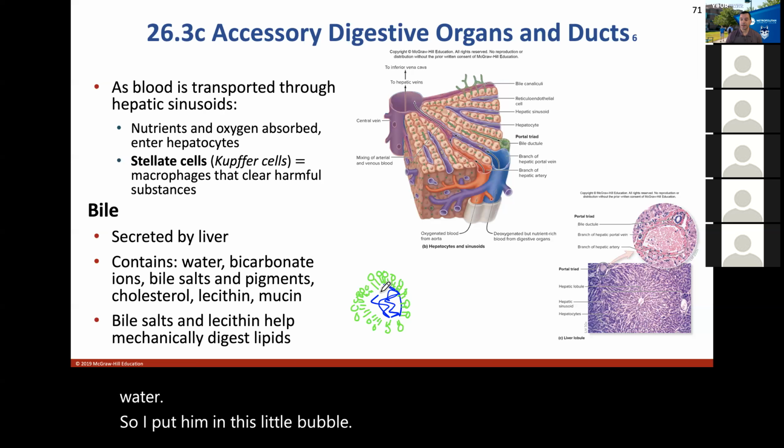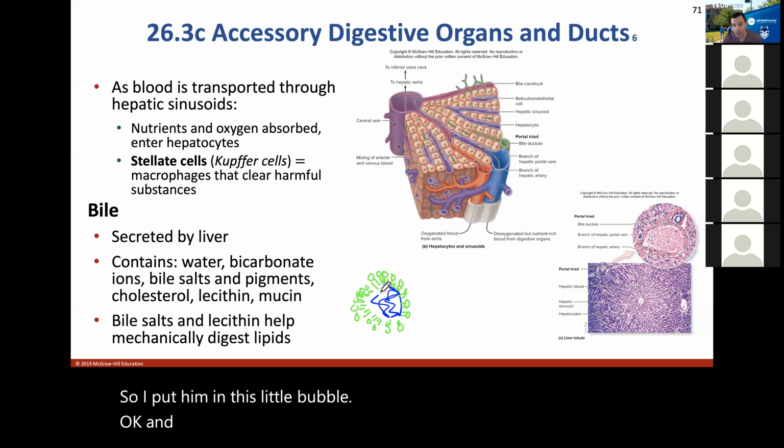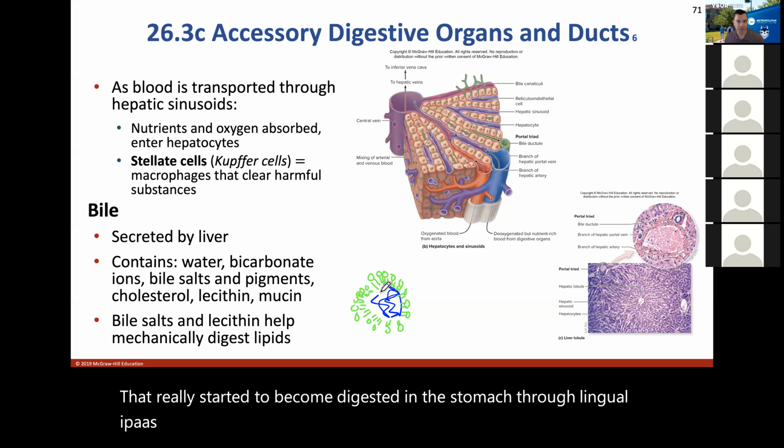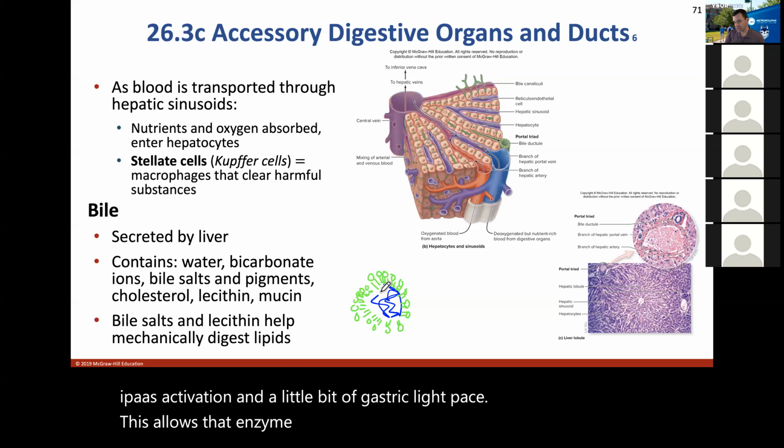Bile helps to bring this fat, which really started to become digested in the stomach through lingual lipase activation and a little bit of gastric lipase. This allows that enzyme action to still continue here.